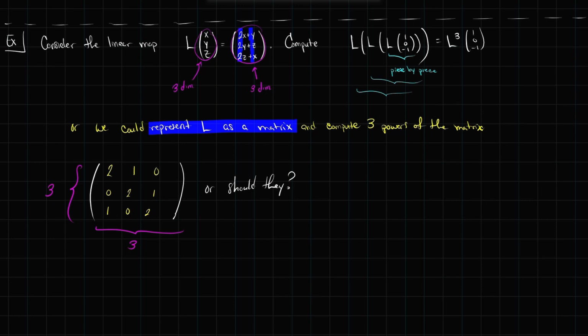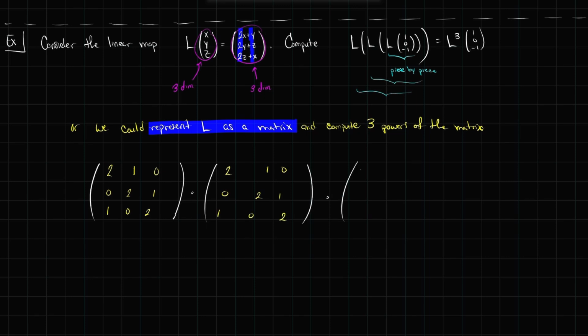I pulled a little bit of a sneaky on you up top. So this is now my actual matrix, and I can go ahead and compute matrix powers. Let's compute 3 copies, because I'm doing L cubed: 2, 1, 0, 0, 2, 1, 1, 0, 2, and then my third matrix, 2, 1, 0, 0, 2, 1, 1, 0, 2.